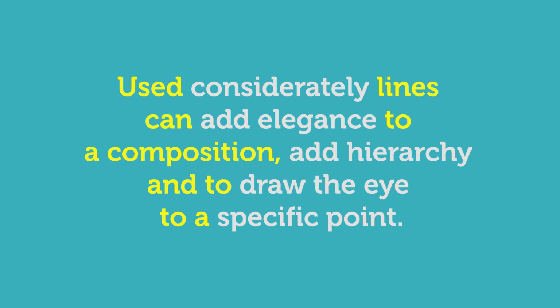Used considerately, lines can add elegance to a composition, add hierarchy and draw the eye to a specific point. With type, lines can be used to emphasize and put stress on a word, a phrase or paragraph. Lines can be used to decorate, illustrate and represent information in infographics.